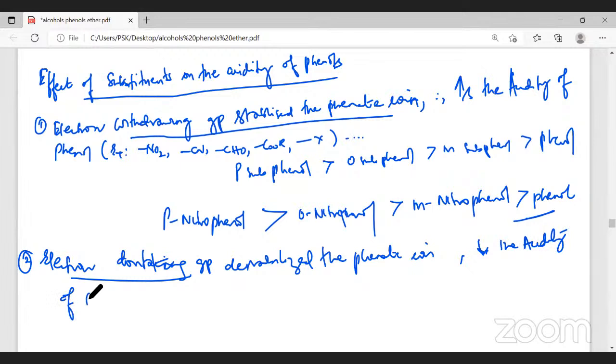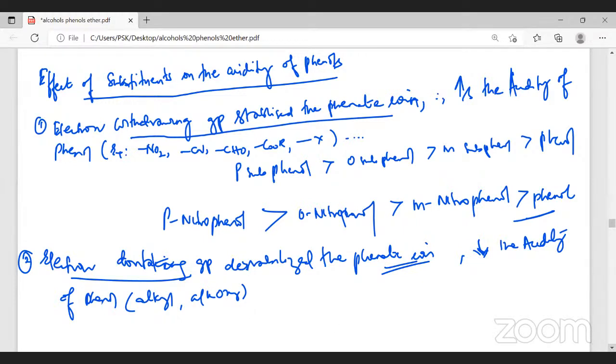Now, remember, all alkyl groups are electron donating groups. Alkoxy groups are also electron donating groups. So all these electron donating groups will destabilize the phenate ion and decrease the acidity.